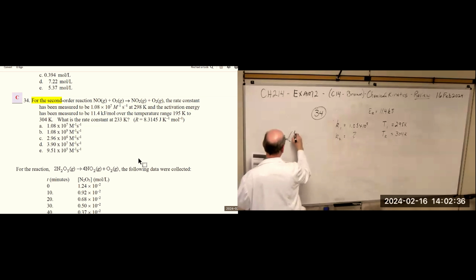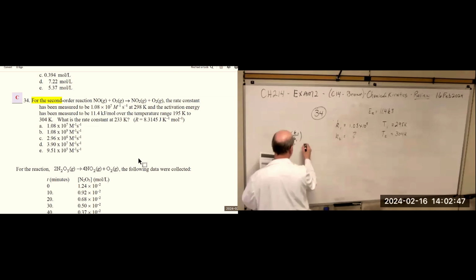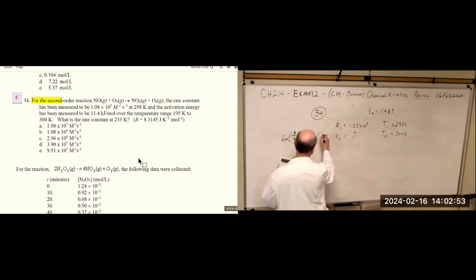Natural log of K2 over K1 equals activation energy over R times 1 over T1 minus 1 over T2.